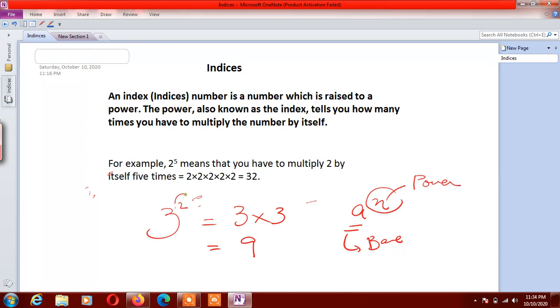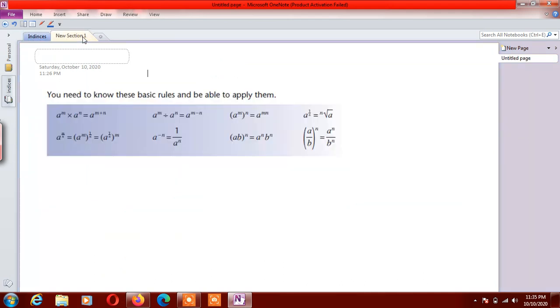Here this square is known as the power, or we can also say that it's the exponent. So this number, which is raised, is called the power or exponent, or we also say that it's the index.